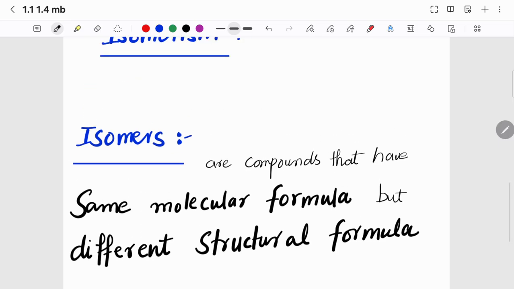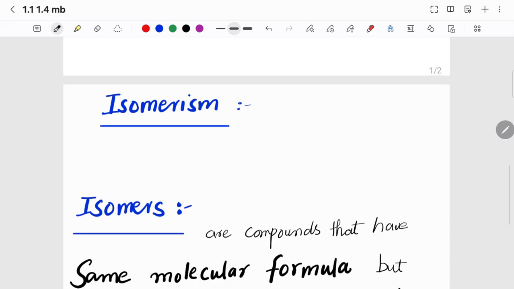We will understand this with the help of some examples, but let me write the definition of isomerism.